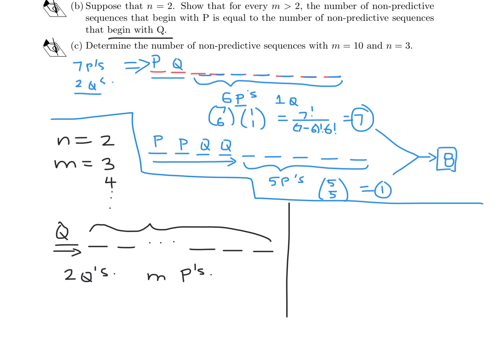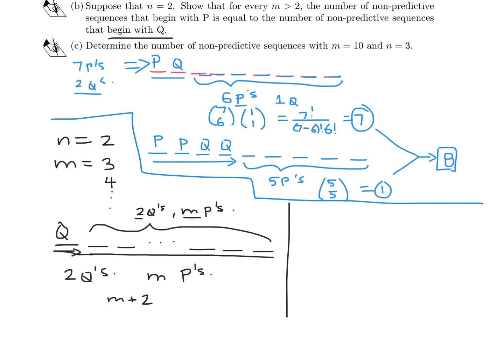Okay, so we have to put in those letters 2 Q's and m P's, whatever m is. So let's talk about this. How many letters do we have? We have m plus 2, right? That's the total number of letters.